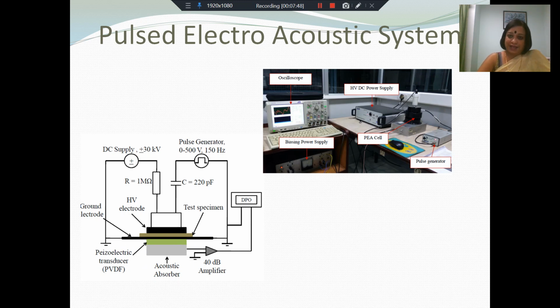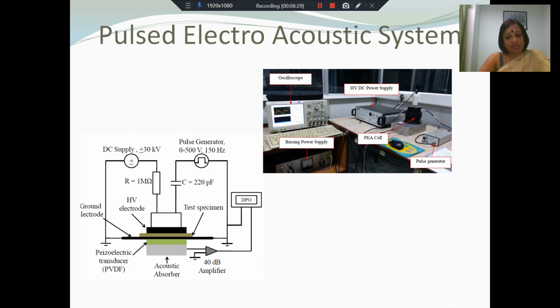So what happens is, when you energize the sample, space charge accumulation may occur inside the dielectric material. Now, depending upon the space charge location, when a pulse is sent through the material, the pulse will interact with the accumulated space charge, and as a result, this pulse, which sends an acoustic wave through the sample, will be modulated in such a manner that the space charge quantity and its location along the thickness of the sample will modulate the acoustic wave.